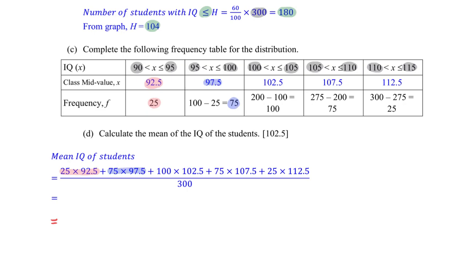I multiply them together. This 100 and 102.5. 75 and 107.5. 25 and 112.5. This is the total IQ score. Divide by the total number of students, 300. That will then give me my mean.